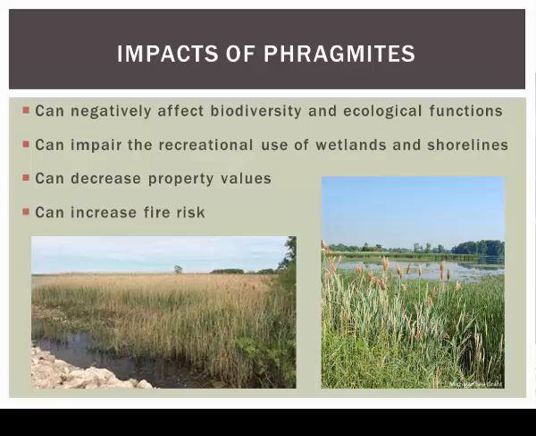So impacts of Phragmites are pretty well documented. They can negatively affect biodiversity. They create big monocultures where all the native biodiversity is pushed out, which obviously then leads up the food chain and causes impacts for everything. Ecological function can be impacted. So can recreational use of wetlands and shorelines.